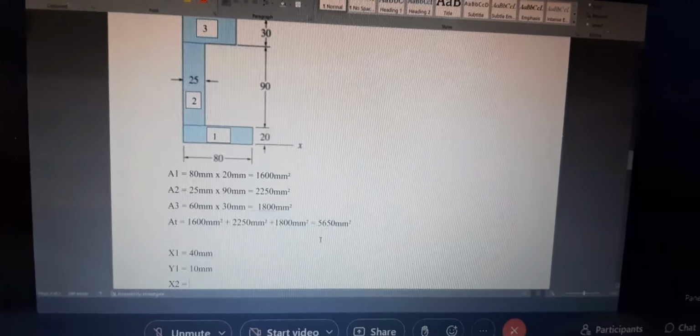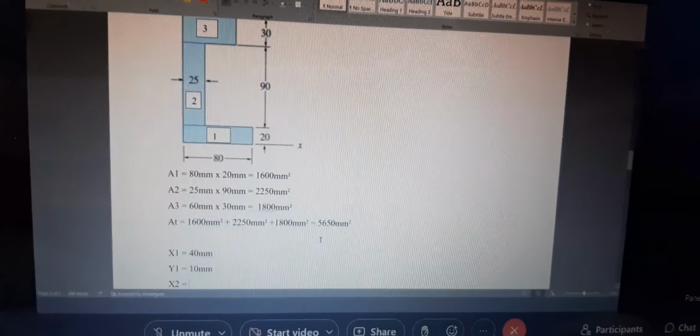So what will be my y value? That'll be 20 plus 45, so 65 mm. Half of this will be 45, but then you're going to the base, right? So it will have to be plus 20. That will give you your 65.